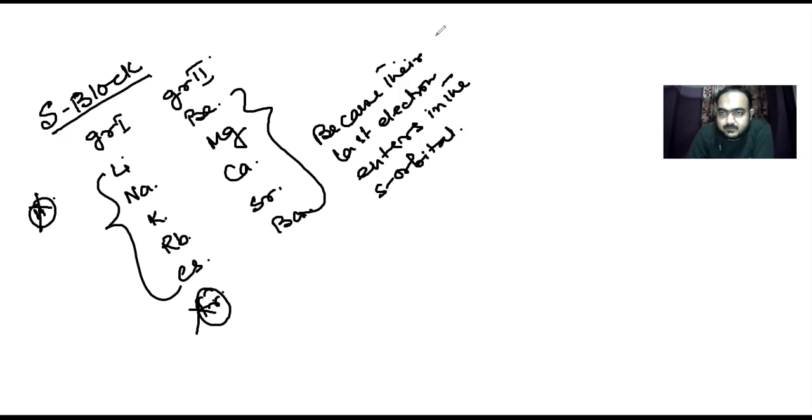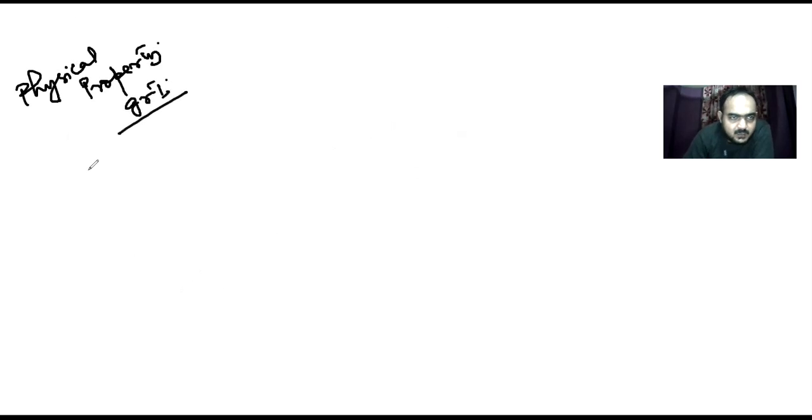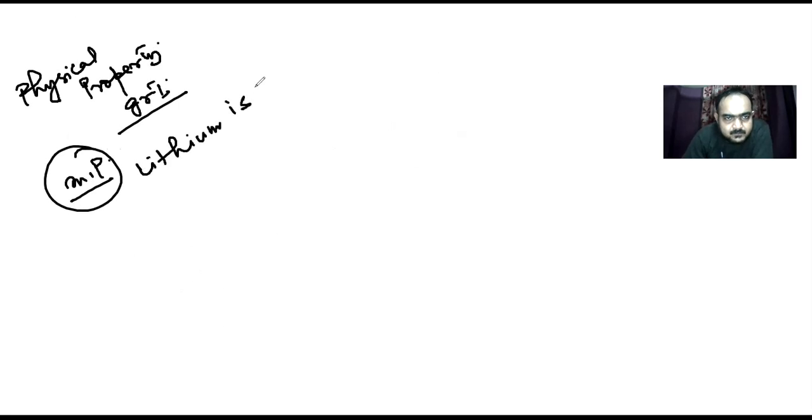At first, we will see the physical properties. We will see group one first. Physical properties, that is melting point. You should know that lithium is the hardest among all of them.